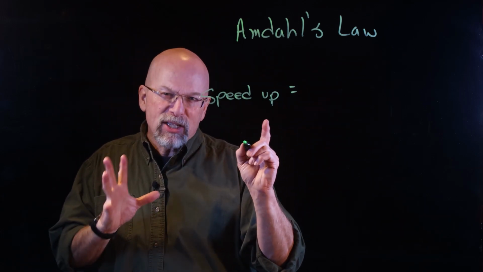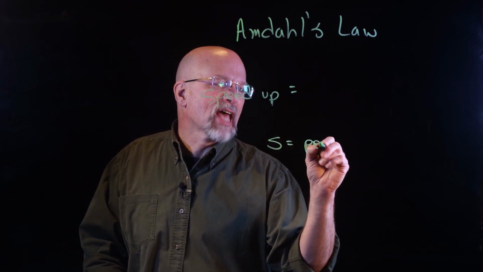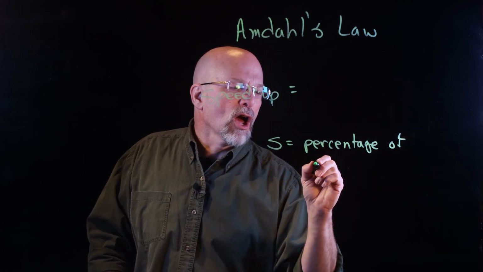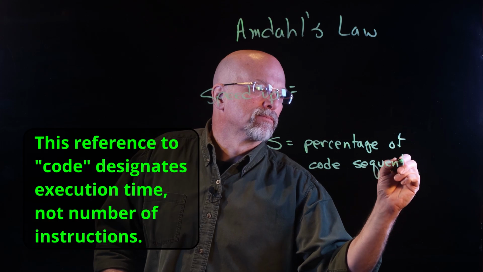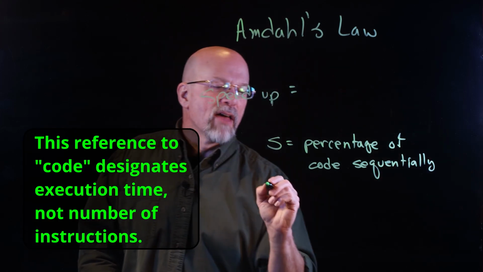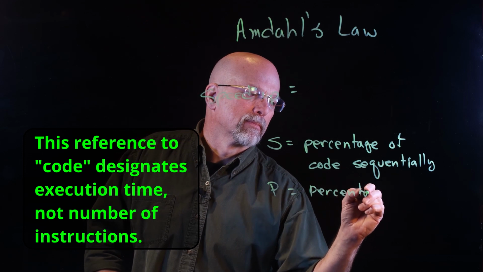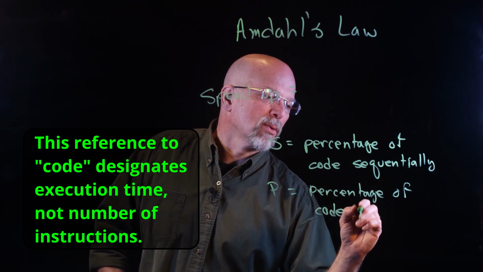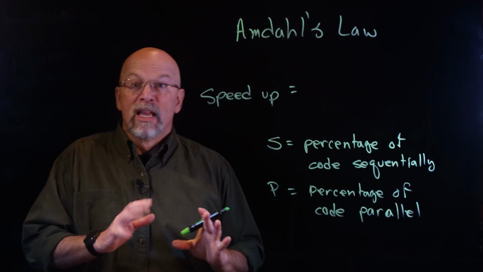Now, it is based on 2 percentages. One is S, which is the percentage of code that has to be done sequentially. And then we have P, which is the percentage of code that we can do in parallel.